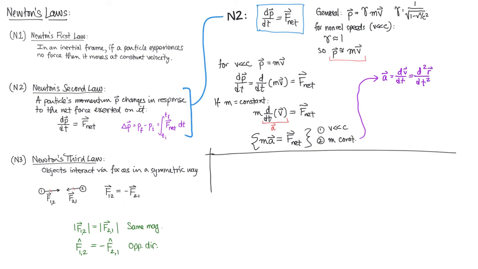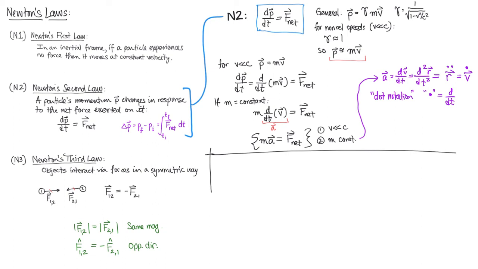So we're going to use a notation that is often called the dot notation, because we're going to be solving differential equations a lot with a lot of time derivatives in it. So instead of writing d squared r dt squared every time, you'll see us write r double dot or v dot. The dot on top tells us that's a time derivative, and two dots means two time derivatives.